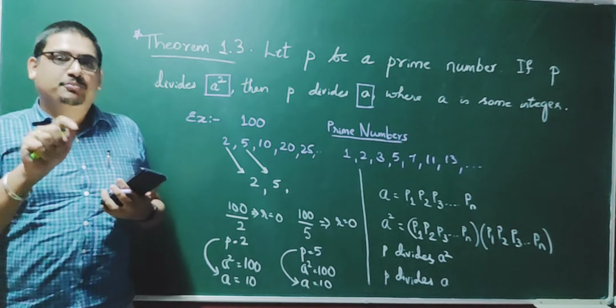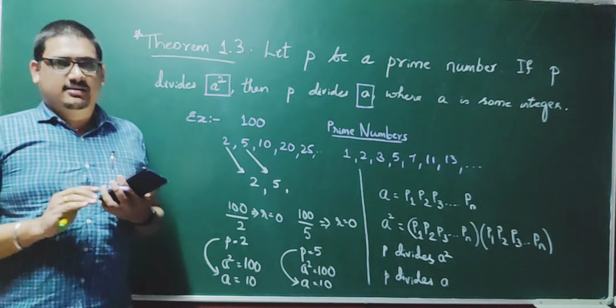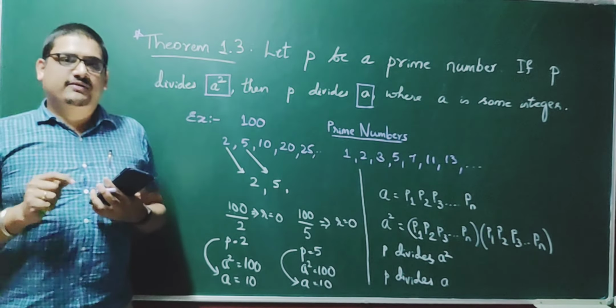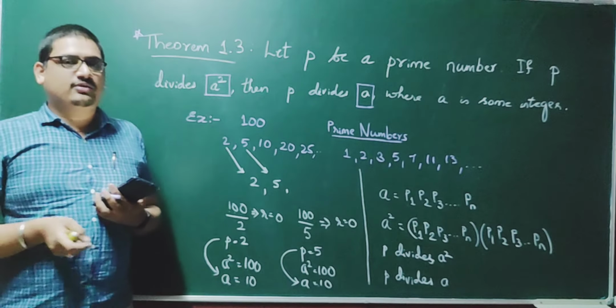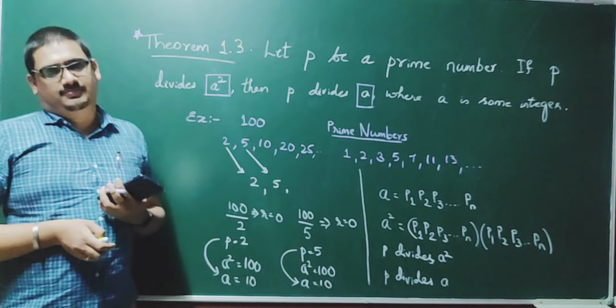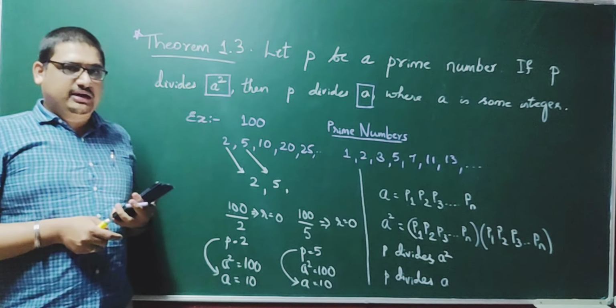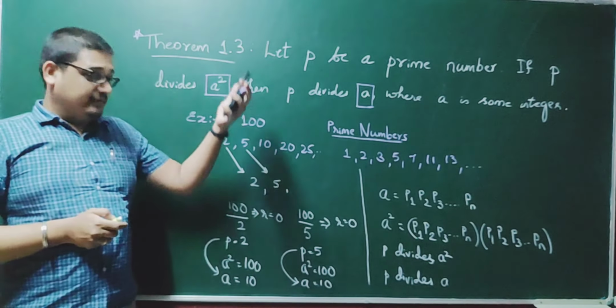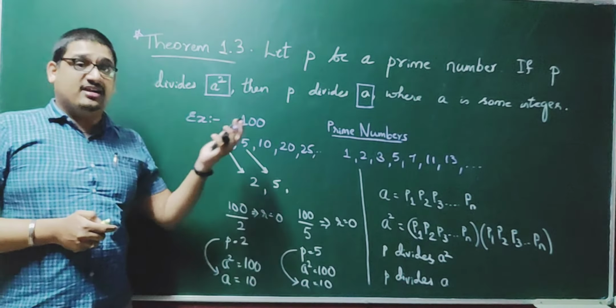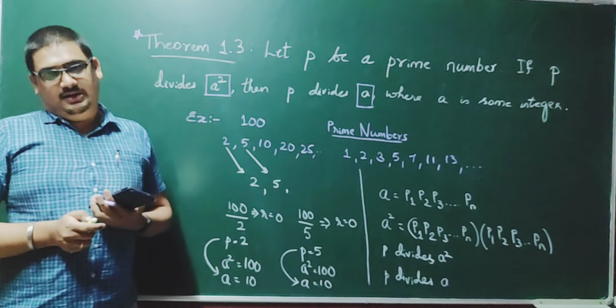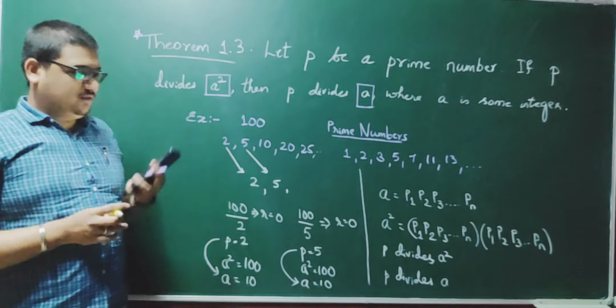For example, prove that root 2 is irrational. Prove that root 5 is irrational. For such questions, you will have to use this theorem. So this theorem is again extremely important. Knowing the theorem is not enough, you must also have a good understanding of it. Fine, please note this down.